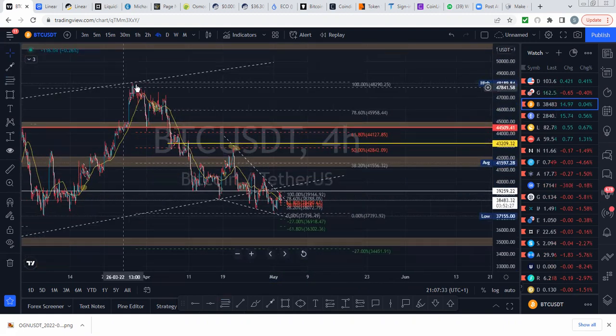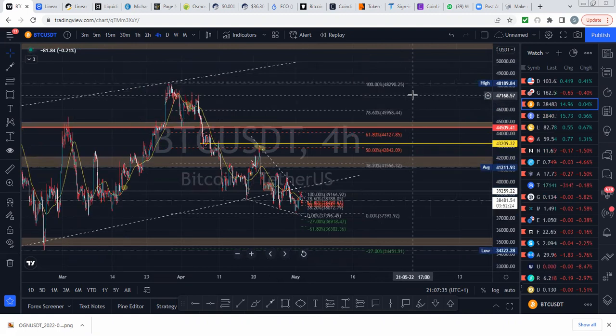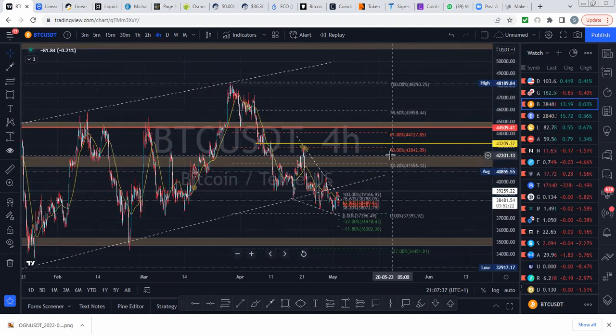So if you look at this diagram now on H4, you can see our 50% retracement was made at 42,842, which is at this particular point. Price made a retracement at this particular area. So now that the price made a retracement from what?